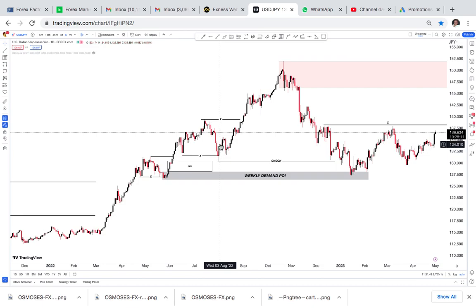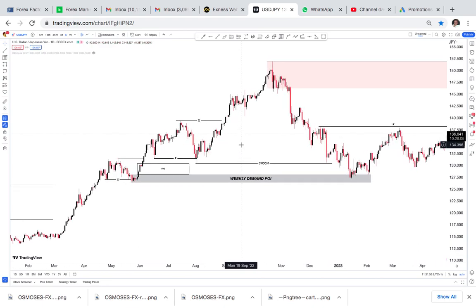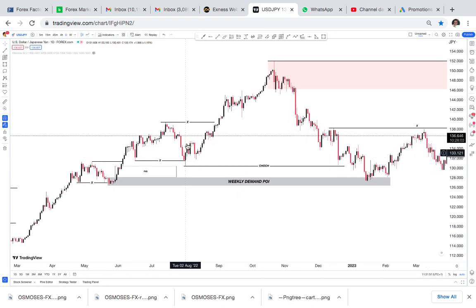And also we don't have any strong impulsive candle here. Not really, because we have a double, not really strong, but it's still a valid demand from this POI.